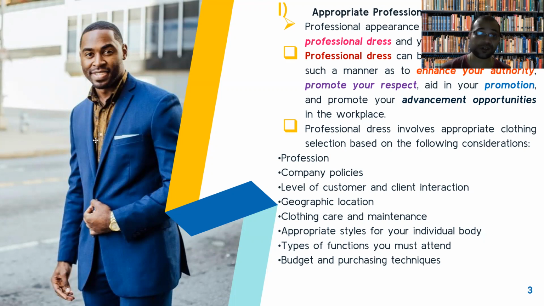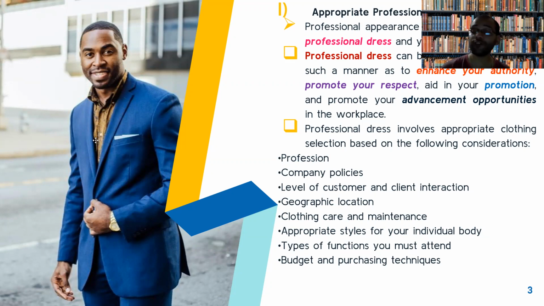Then company policies, different organizations have different values and different policies. So according to the nature of the company, the professional appearance varies. Level of customer and client interaction. Then geographic location. Is it in India or is it in America or is it in China? The culture varies. So accordingly, you have to present yourself. Clothing care and maintenance, then appropriate styles for your individual body.